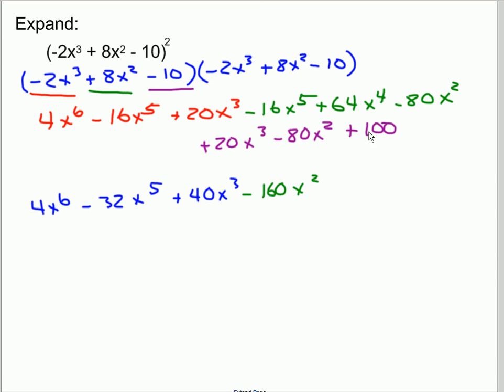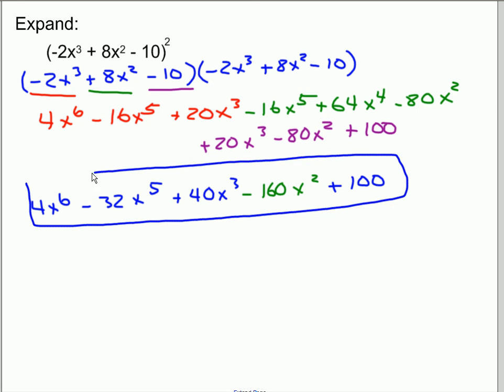And then I have just one constant term, plus 100. So this polynomial expression in expanded form, simplified, is this.